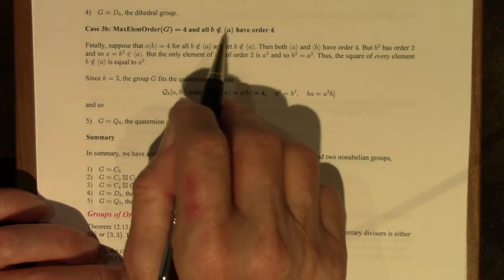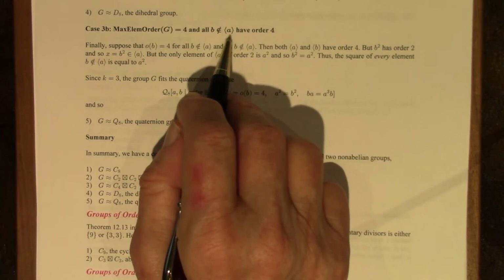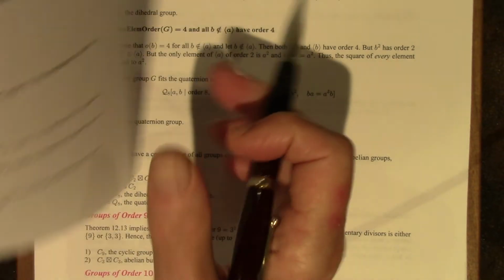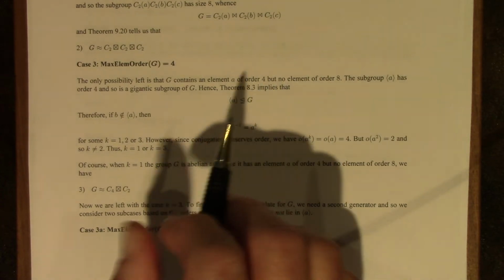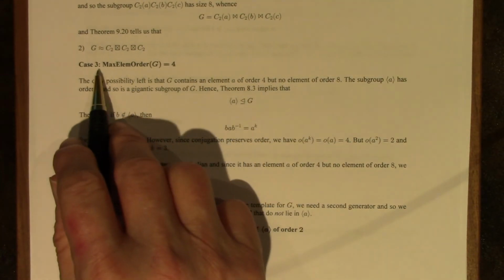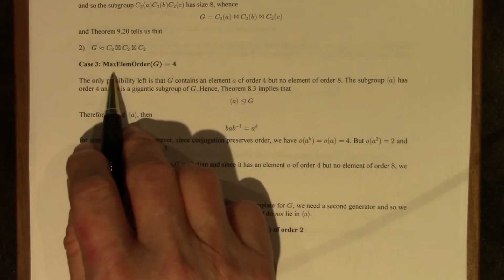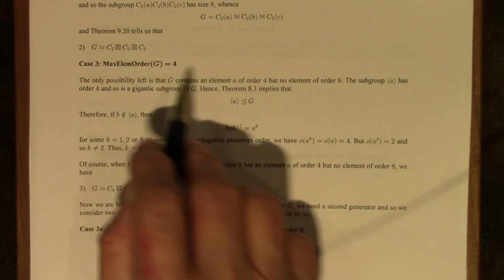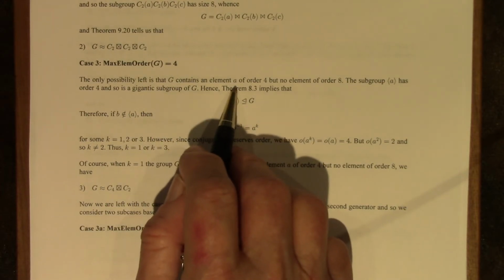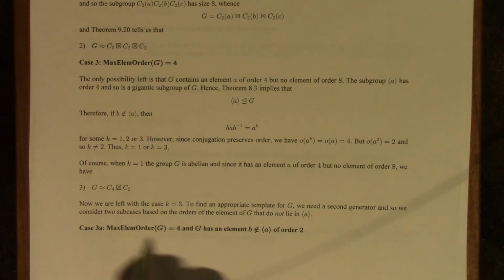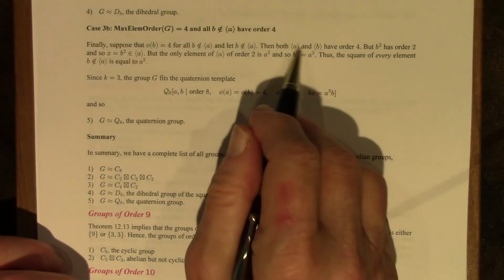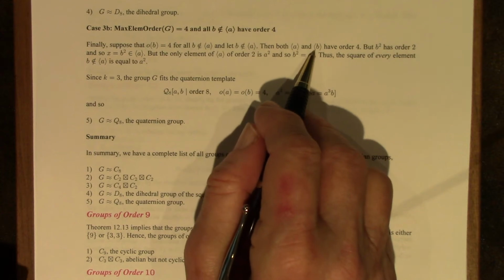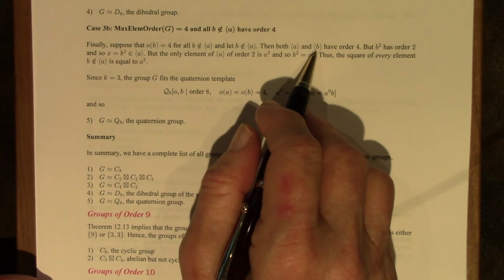B is an arbitrary element that's not in this subgroup. Remember, the subgroup generated by A we set quite early in this discussion up here in this main case, max element order 4, we chose an element A of order 4. That applies to all the subcases.